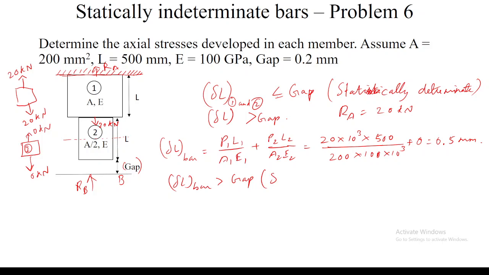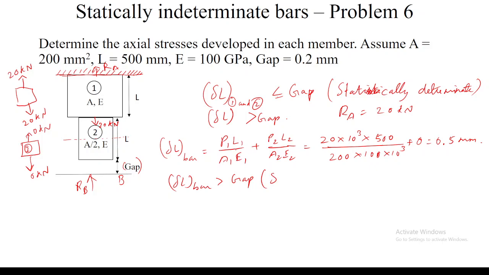Sir, actually, will you be able to substitute the units directly? Yes. See, if I am interested in getting the delta L in terms of mm, the notation I will follow is that I will keep the value of force in Newton, and I will keep the Young's modulus value in megapascals itself.